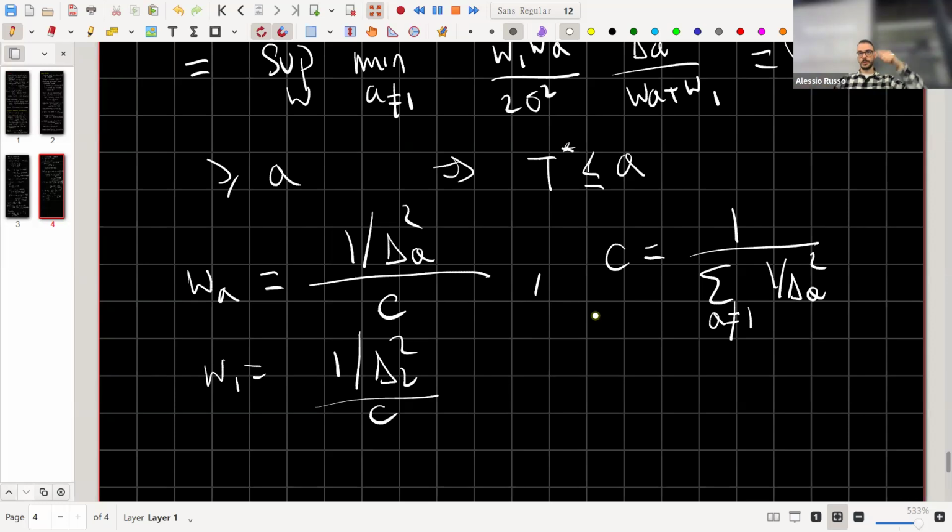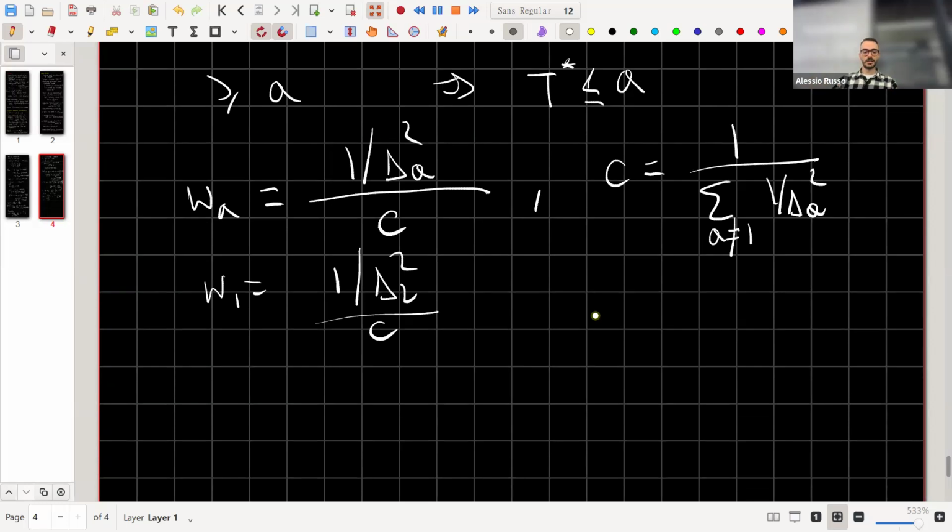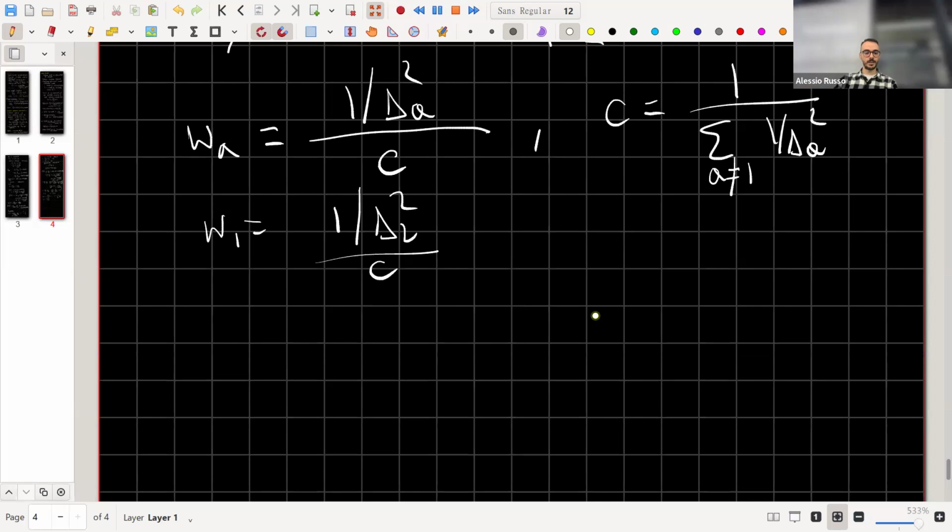So when you do 1 over 0.01 squared, you get 10 to the power of 4. So roughly you need 10 to the power of 4 samples for that problem from before. You also need to take into account the standard deviation and the delta, but that's roughly the idea.